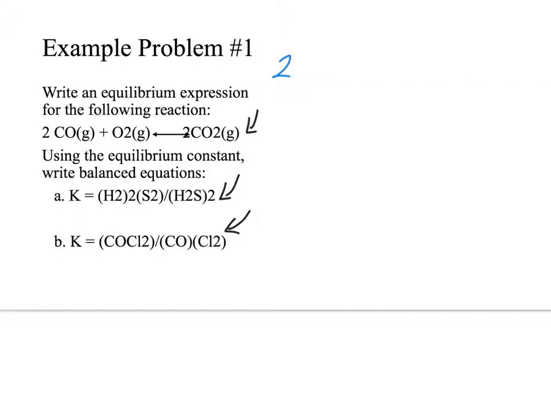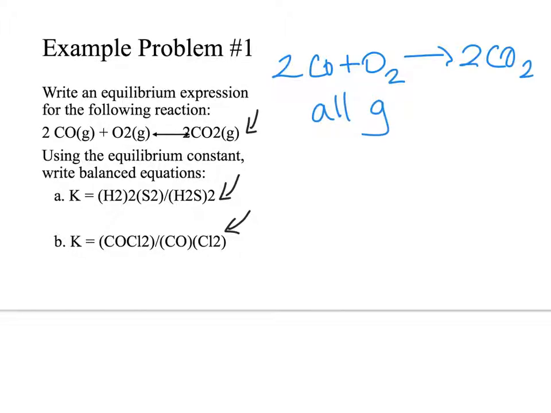It doesn't always show the same detail as we see in PowerPoint. Okay, so I have 2 carbon monoxide plus oxygen goes to 2 carbon dioxide. Notice that all 3 are in the gas phase, so each of these will be in our equilibrium expression.